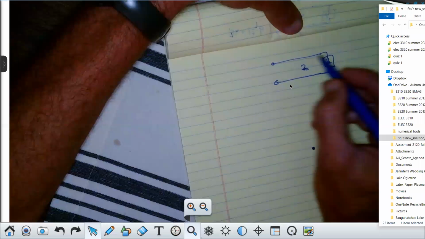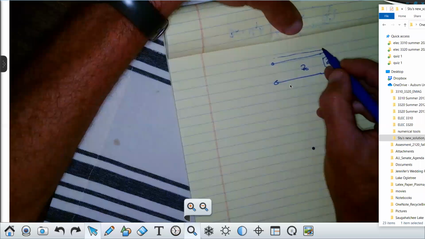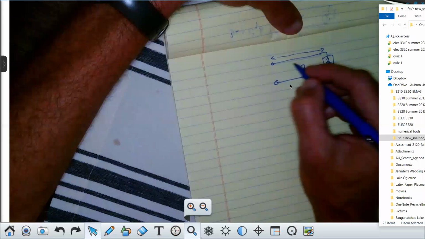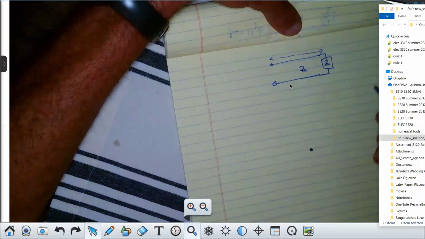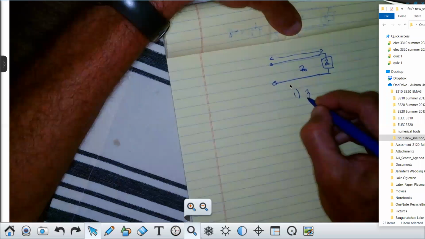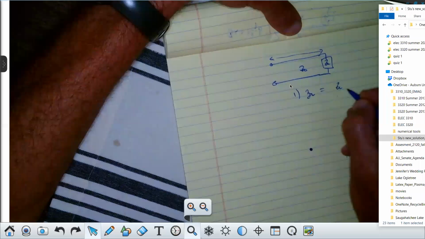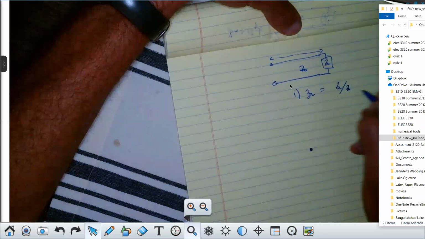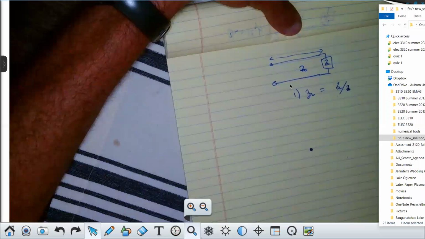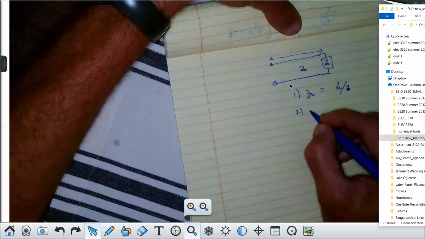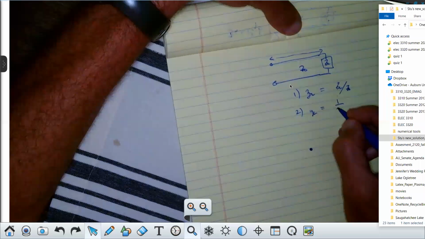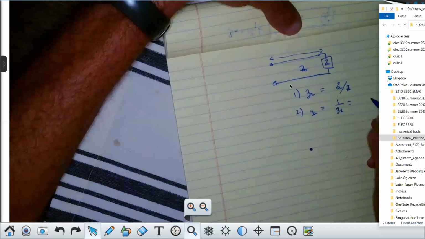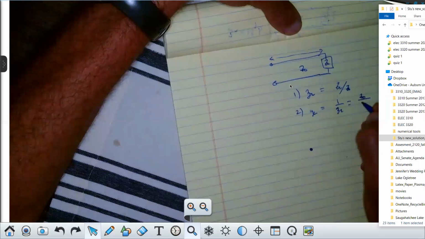We start by finding the normalized ZL, ZL over Z naught. Right after that, we get YL, the normalized admittance, as 1 over ZL, which is simply Z naught over ZL. Y'all follow me?